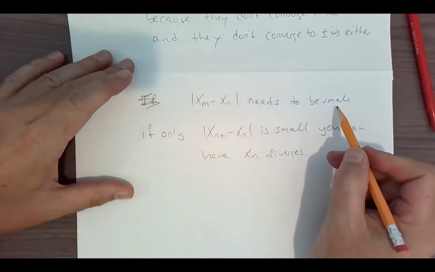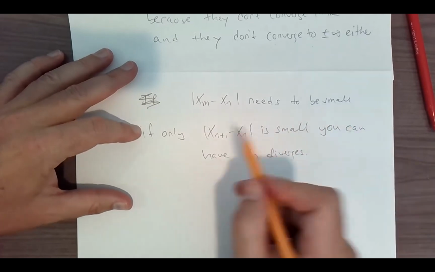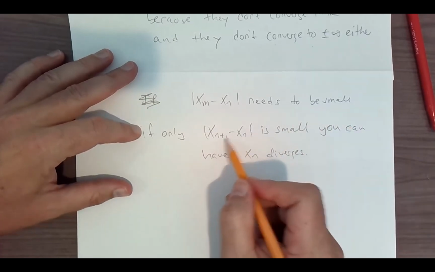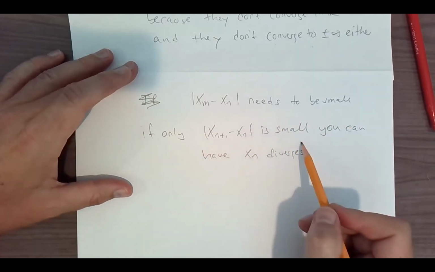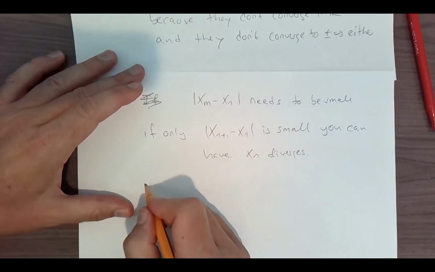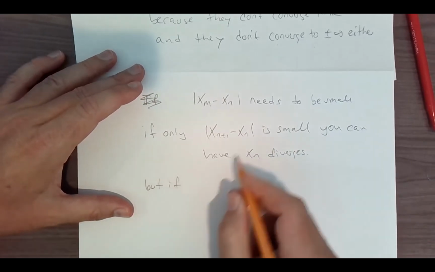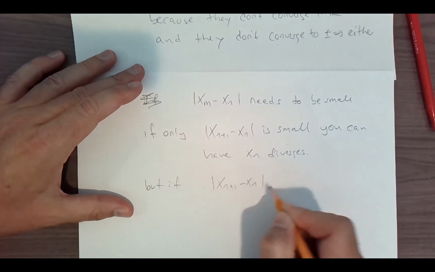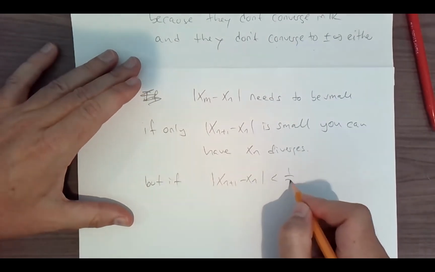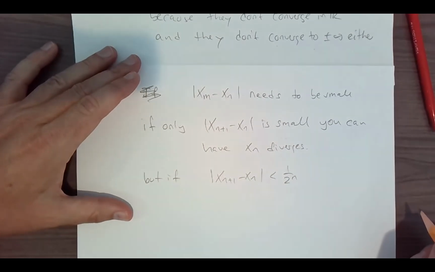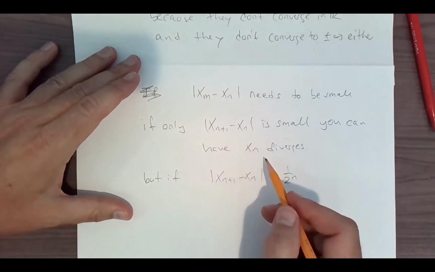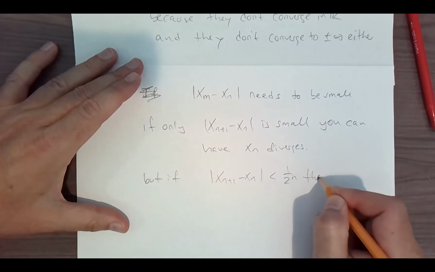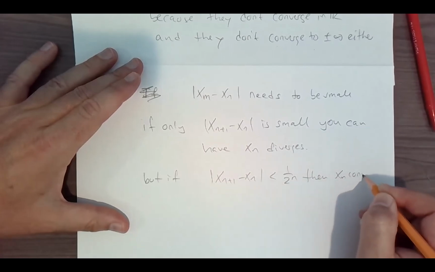So you need to have this property if you want to be Cauchy. And what we were talking about was that if only this one here is small, you can have the divergence. But if it's really small, like 1/2 to the n, then we showed that xn actually converges.